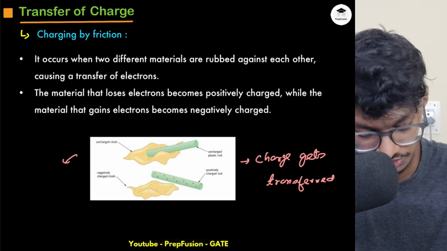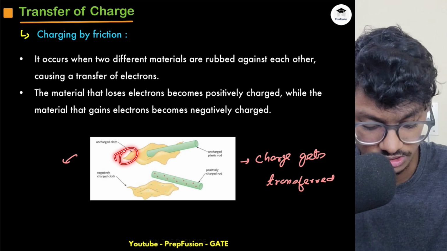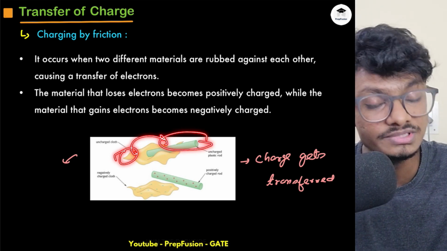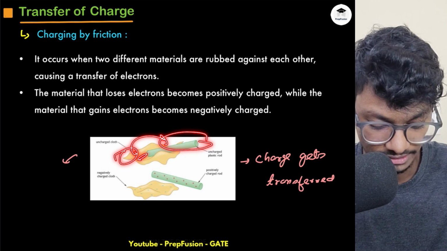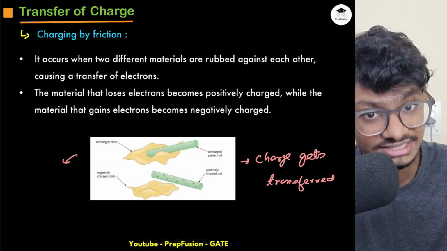What is the final situation? If this cloth loses, let's say, 3 electrons, these 3 electrons are here, so this plastic rod becomes minus 3e and this becomes plus 3e, because it has a deficiency of electrons, and this has an excess of electrons.